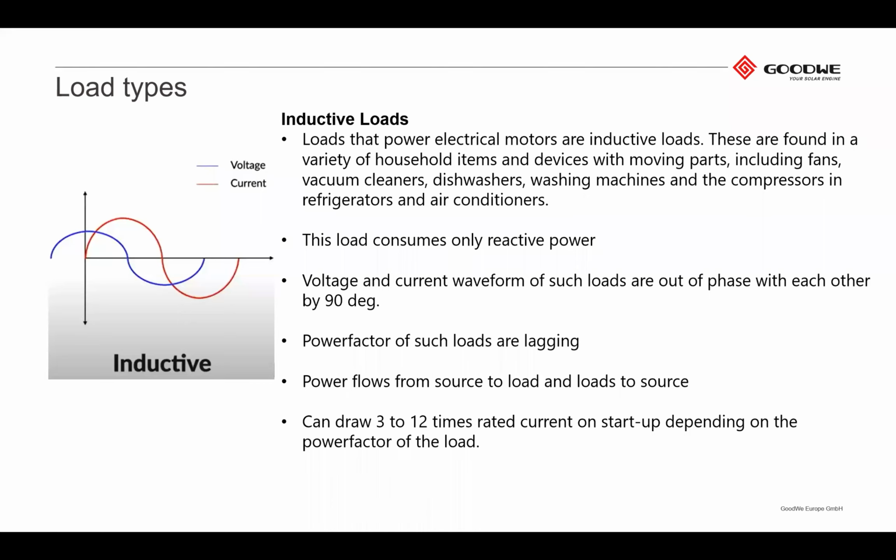As the motor starts up, some power flows back into your source. That's why inductive loads are quite a big problem in backup systems. They can also draw 3 to 12 times the rated current on startup, based on the power factor of the load.